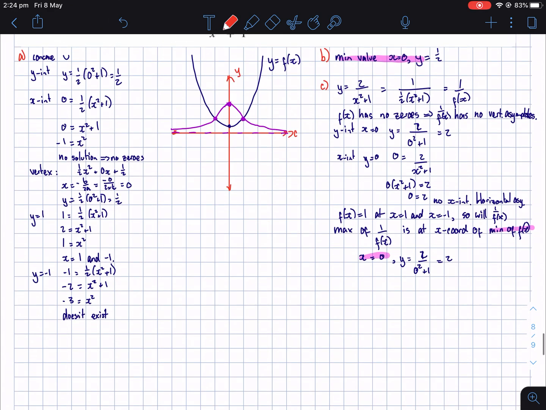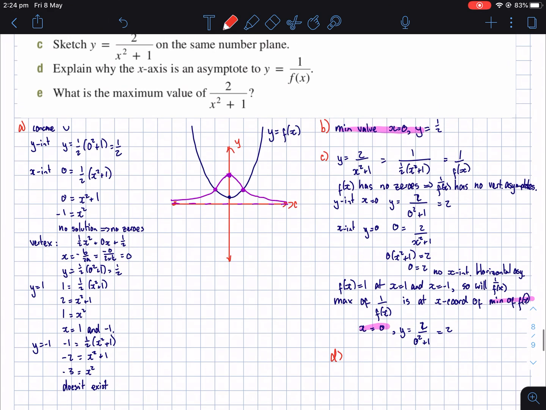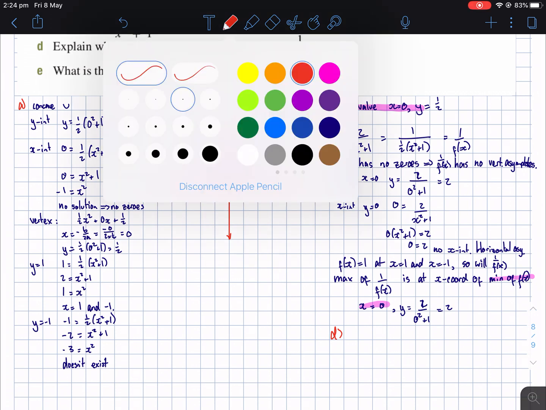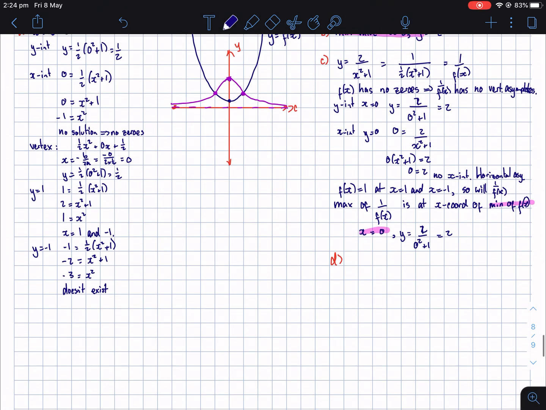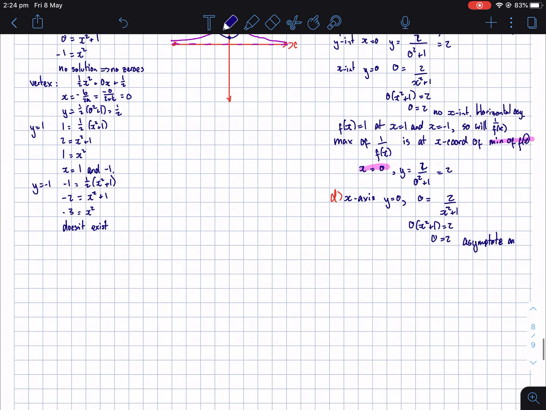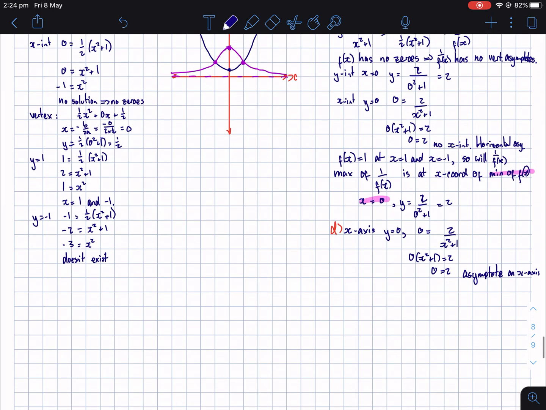That was question C. Question D asks us to explain why there's a horizontal asymptote at the x-axis. So we've already done this: x-axis, y equals 0, 0 equals 2 on x squared plus 1, 0 lots of x squared plus 1 equals 2, 0 equals 2, asymptote on the x-axis, because 0 is not 2.